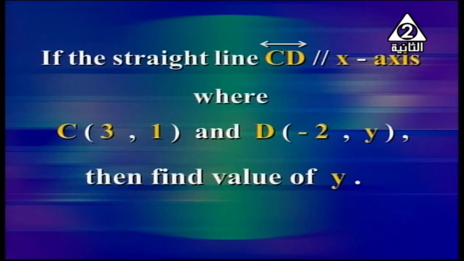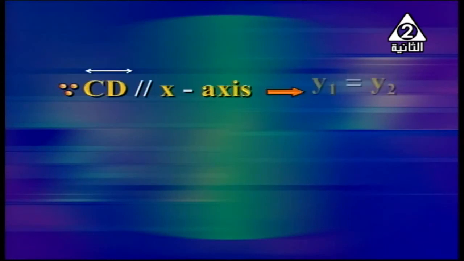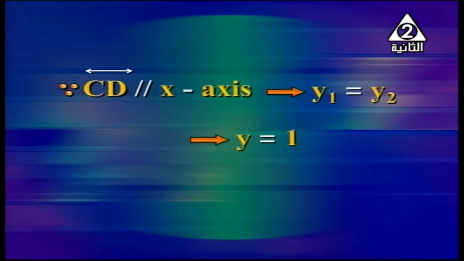Here you know that since CD is parallel to the x-axis, it means that y1 equals y2. What about y1? It is 1. y2 is y. So here we can say that y equals 1. And since the straight line is parallel to the x-axis, the value of y must be equal to 1.